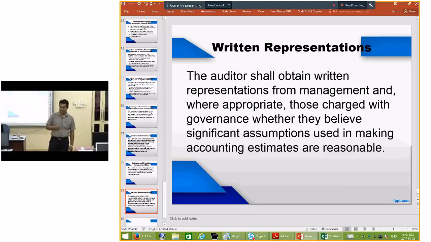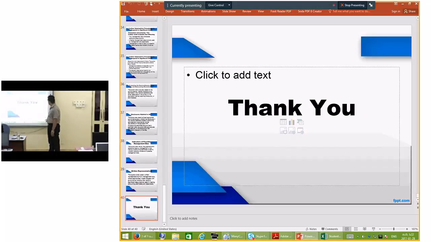So as the auditors, what we are doing is checking the appropriateness of these assumptions, and the reliability and relevance of the assumptions made in order to derive those accounting balances. So you get the written representations from the management, right? So this is all about that standard.